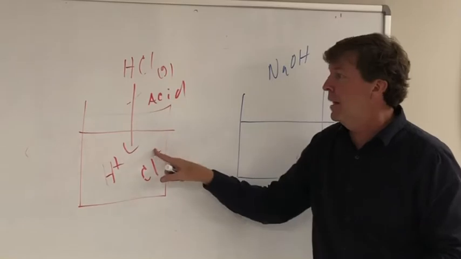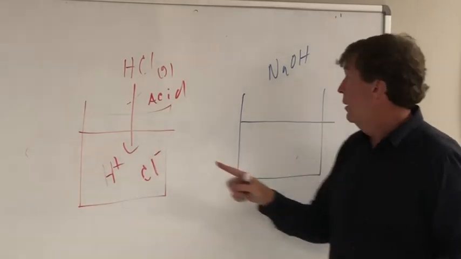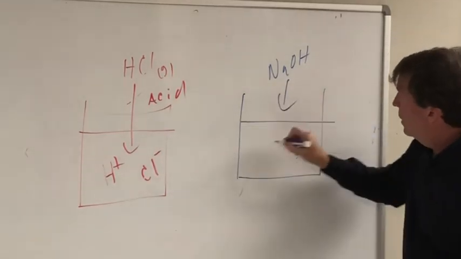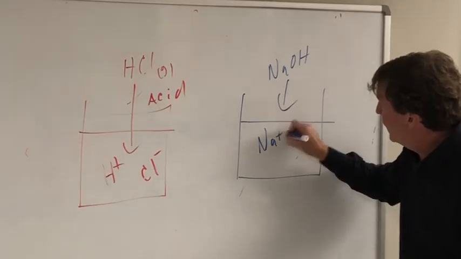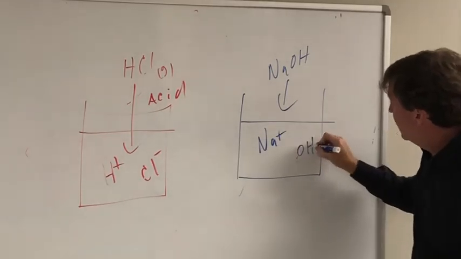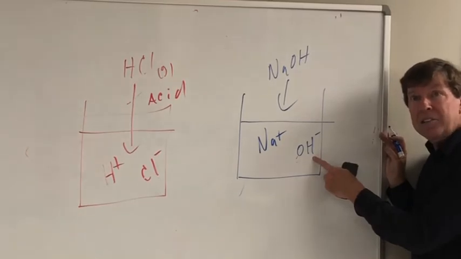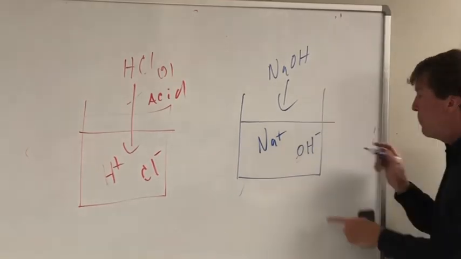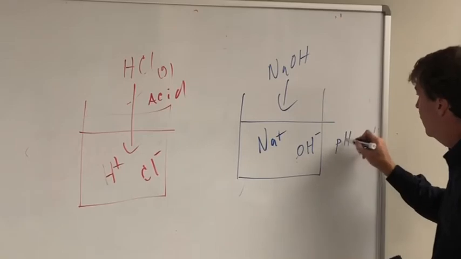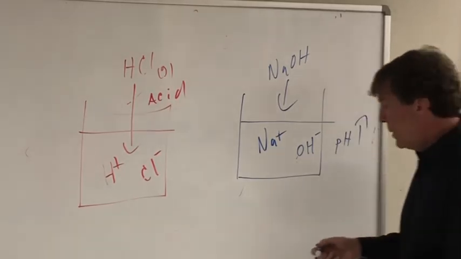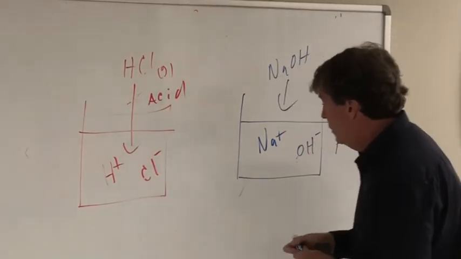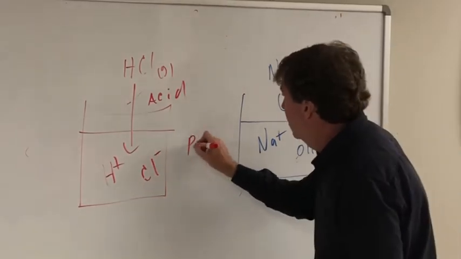Acids turn certain dyes red in color, that's why I chose red. But notice, Na positive is released, OH minus is released, that's hydroxide. That's a strong base. The pH of this solution goes up, the pH of this solution goes down.